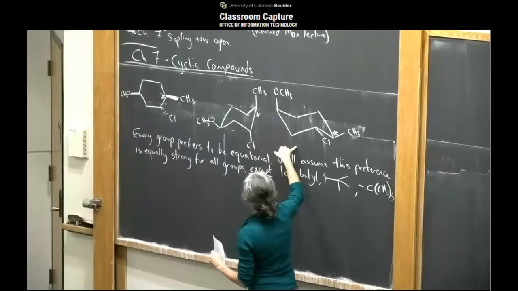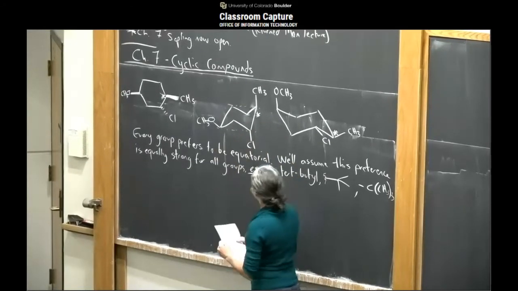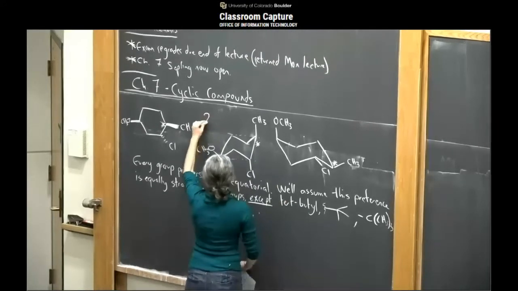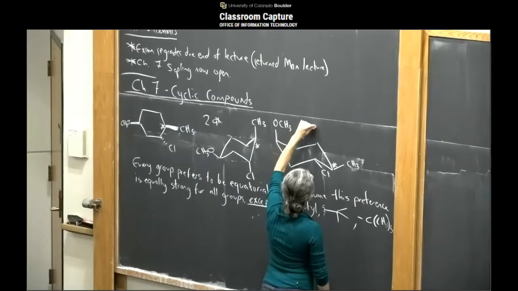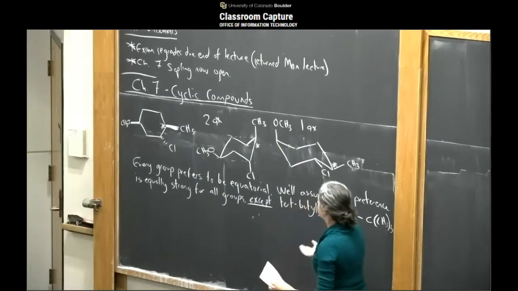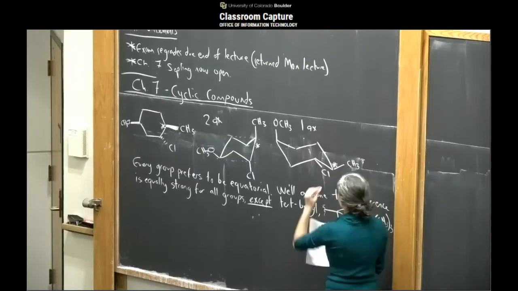Between these two examples, here I've got 2 groups axial, 1 equatorial. Here I've got 1 group axial, 2 equatorial. Fewer groups axial is better, so this conformation is more stable.